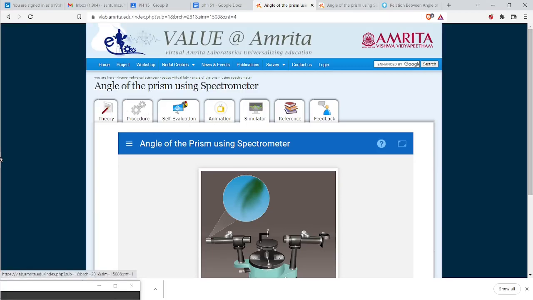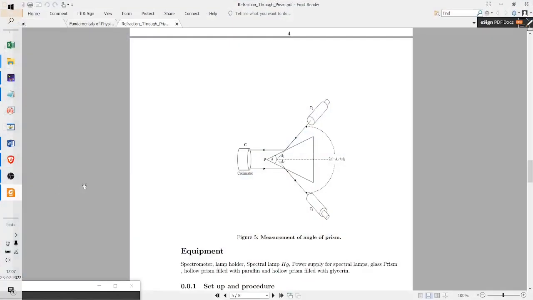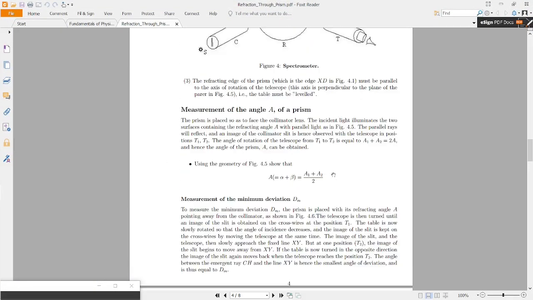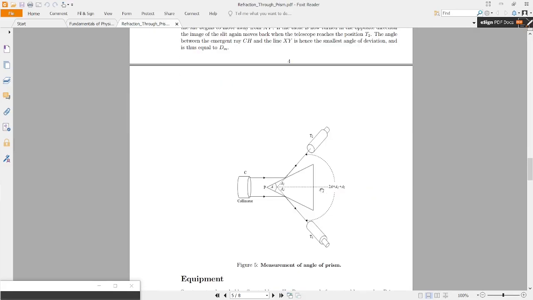I will suggest all of you read the theory from reputed books, and you can see this is the measurement of angle of prism A, and this is given by A equals A1 plus A2 divided by 2, where A1 and A2 are these two angles, and 2A, that means twice the angle of prism, is nothing but the addition of A1 and A2.